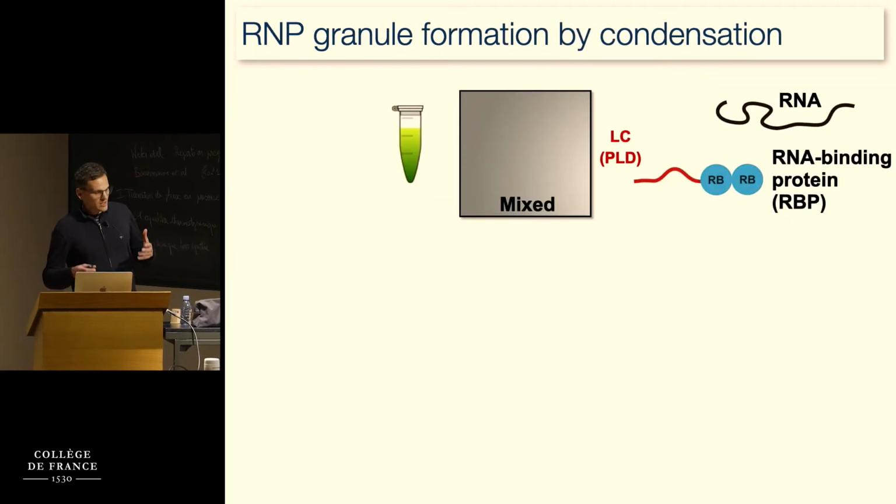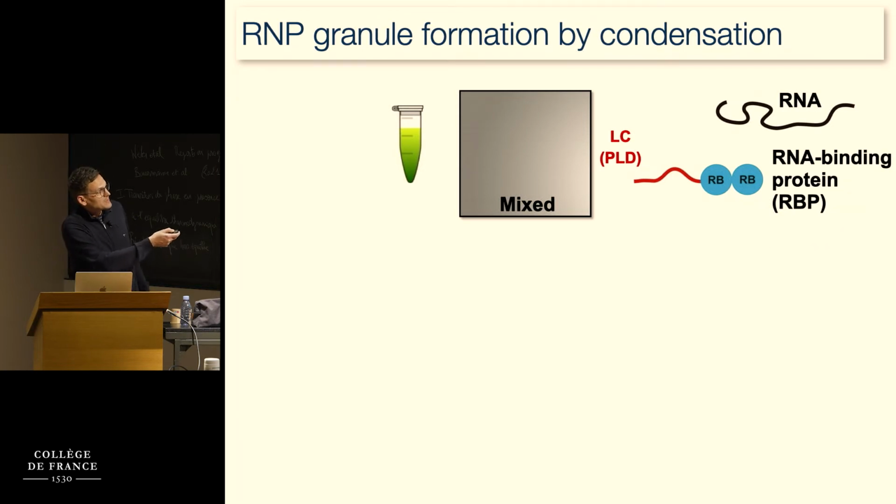Now, to make a long story short, a lot of people have worked on this, and now we know much more. We think these RNP granules form by the process of phase separation or condensation. For this to occur, you have these proteins, FUS being one of them, with RNA binding domains and floppy prion-like regions, as we just discussed.